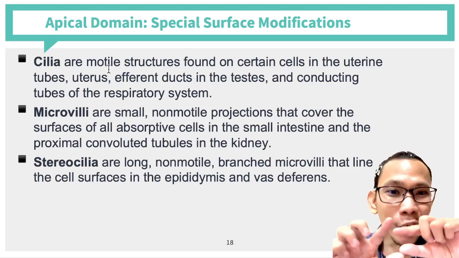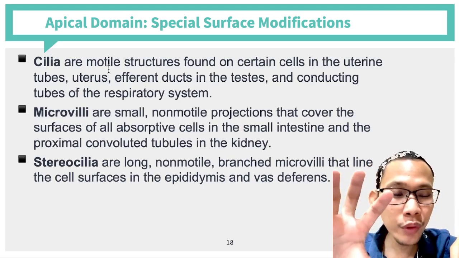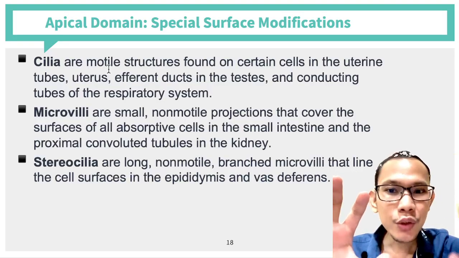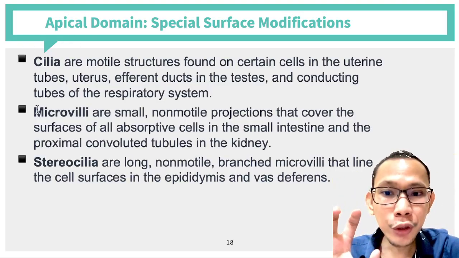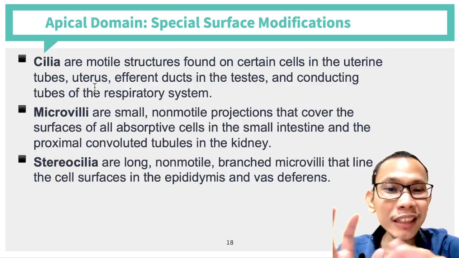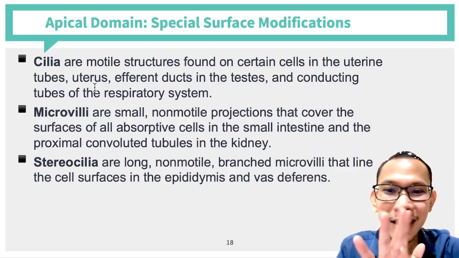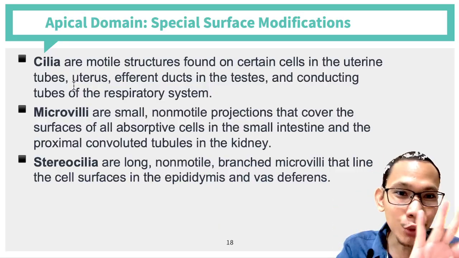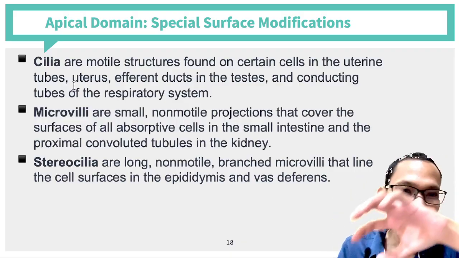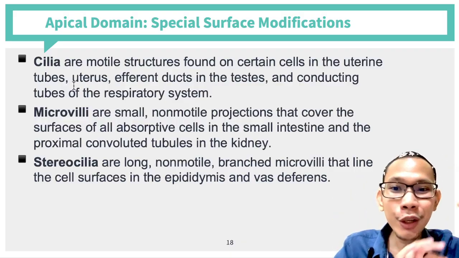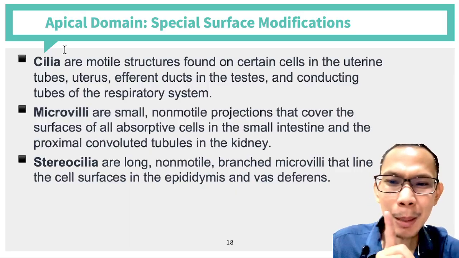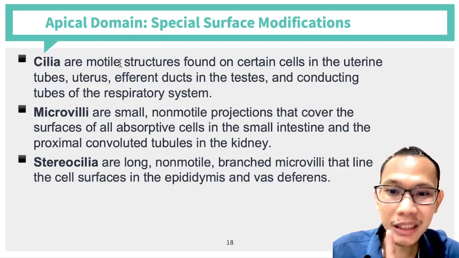Your fallopian tube connects the ovary and your uterus. So the cilia of your uterine tube is essential to transfer the ovum towards your uterus. Remember, cilia are like finger-like structures, so they move the ovum towards our uterus. So just remember, cilia are motile structures.